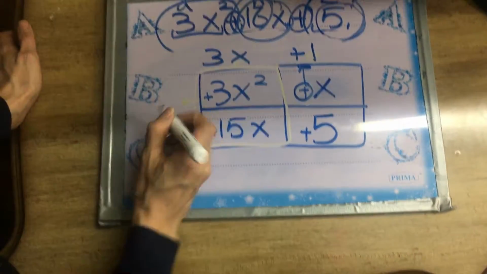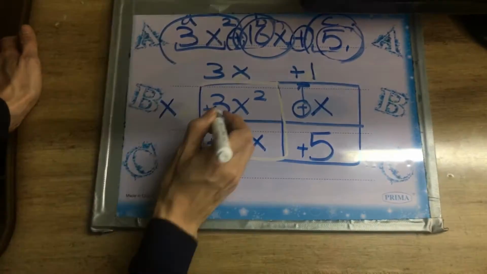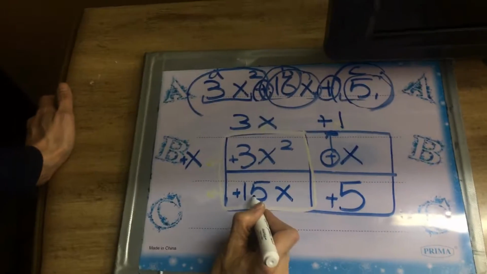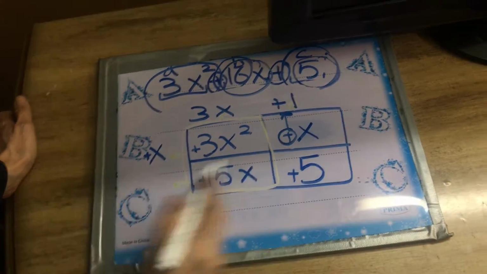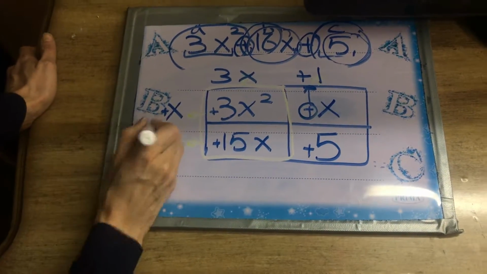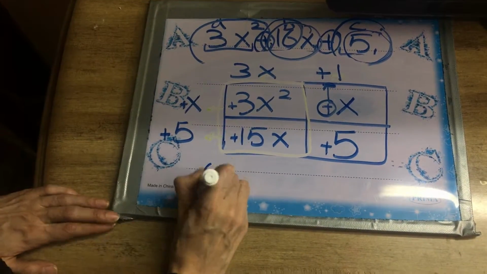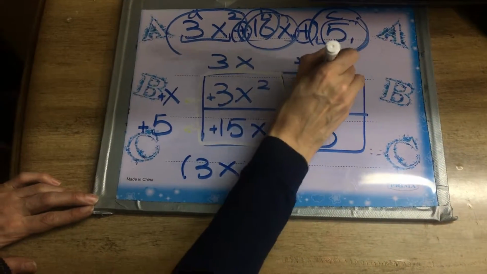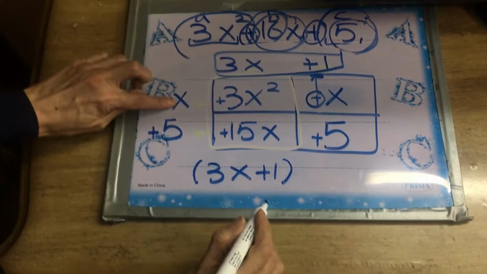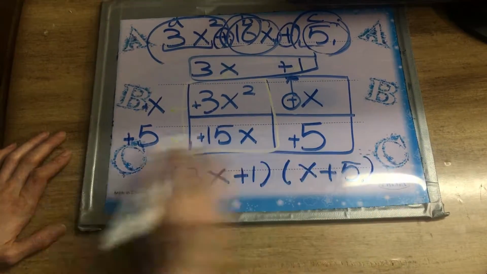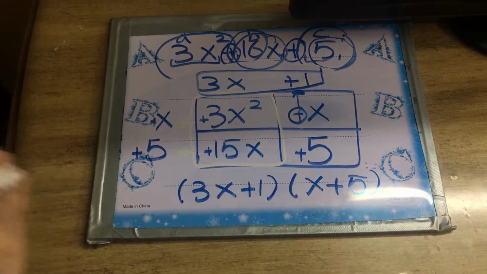Between x squared and x, it's x. What is the sign that is touching here? It's positive. Again, between 15 and 5, we have 5. We have nothing. What is the sign that is touching the line? It's positive. So our factors are 3x plus 1 and x plus 5, which were the same as the ones that we got before.